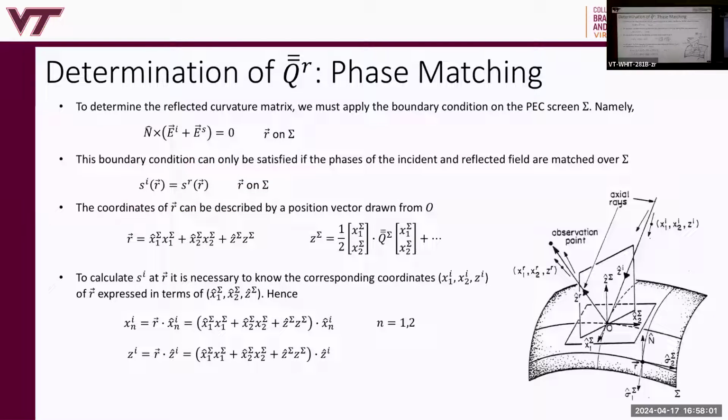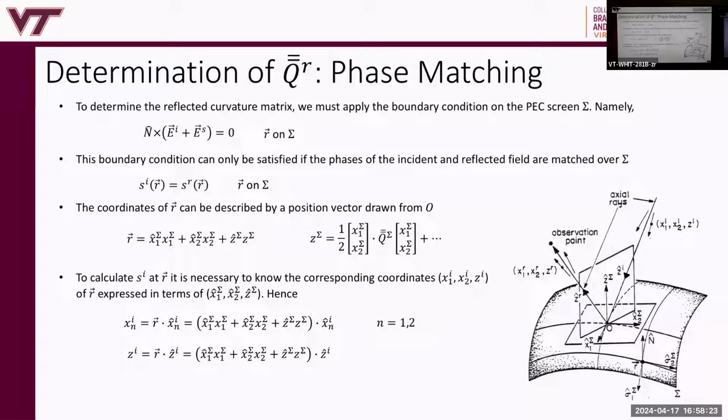The coordinates of R can be described by a position vector drawn from O to some point. Let's say this is R here, right? In the coordinate system of the surface. And z sigma here is given by the second order quadratic approximation of the surface at that point, right?